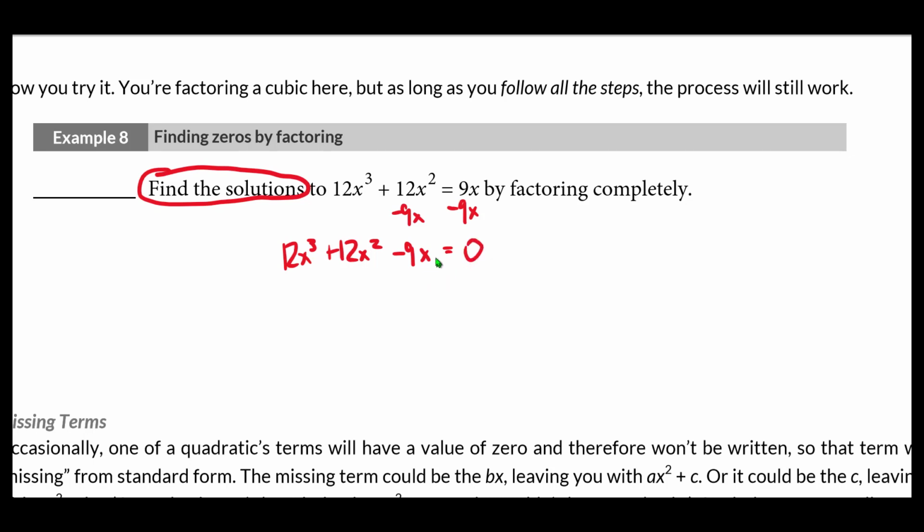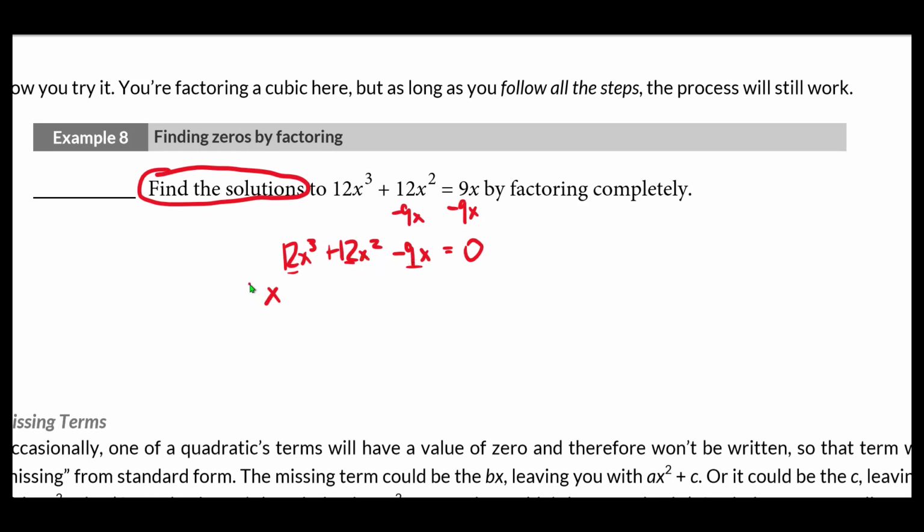So everything is rearranged so that we have a 0 on one side and all of our other terms on the other. The next step, step 2 from the previous page, says to factor out any numbers or variables common to all terms. And of course here we have an x common to all of our terms. We also have a 3 common to all of our terms. We can pull a 3 out of those two 12s and that 9.